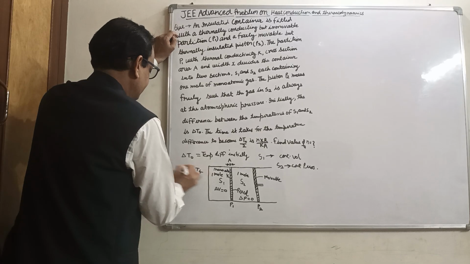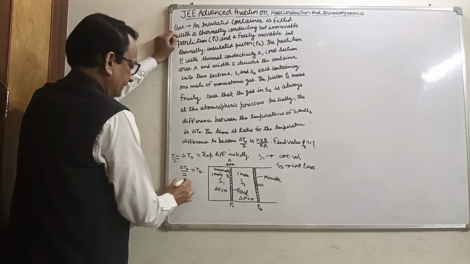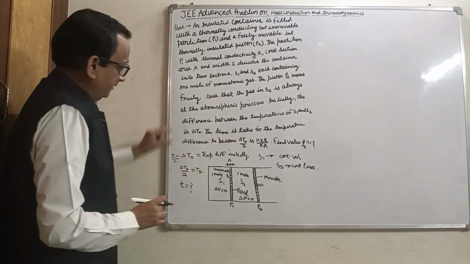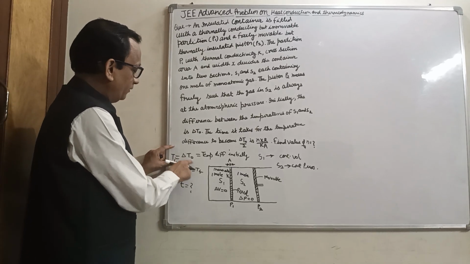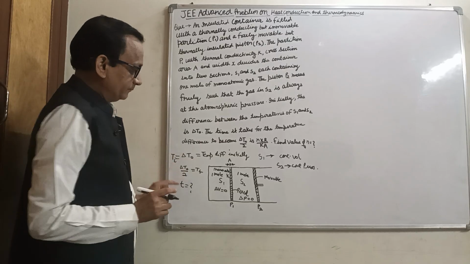This is the initial temperature, this is the final temperature. So we have to calculate the time in this process when the temperature difference delta T naught becomes delta T naught by 2.